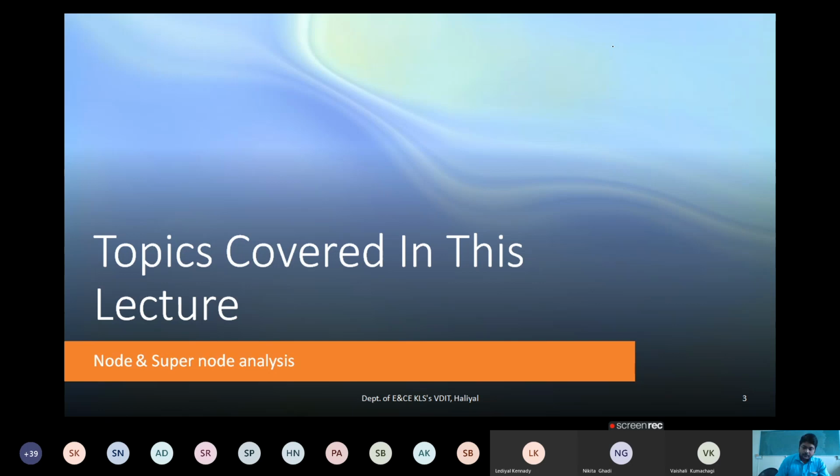We already know what a node is. A node is a point where more than one branch are meeting.